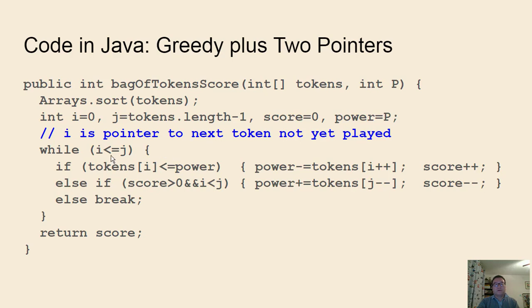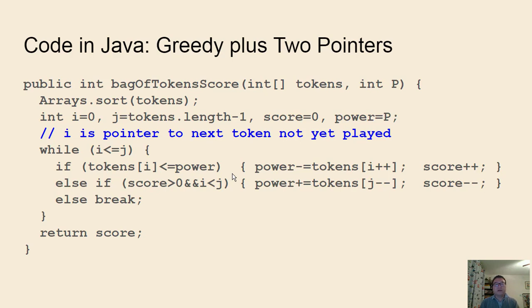For each iteration, if we can play a token face up, we do that: we subtract power, and we increment the score by 1.